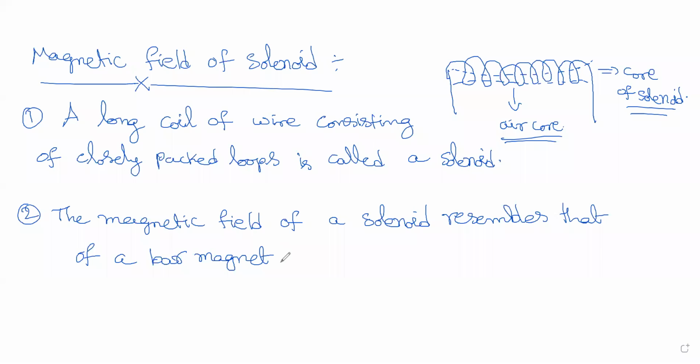The magnetic field of a solenoid resembles that of a bar magnet. Note down these two points.